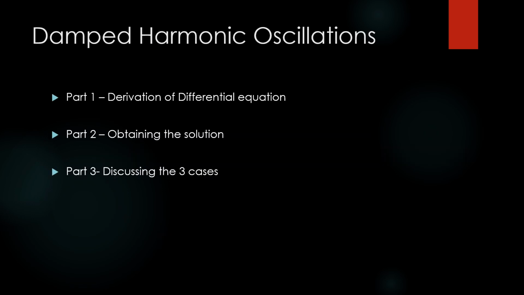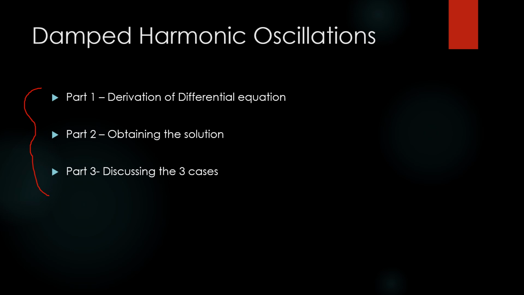So we have completed the essay on damped harmonic oscillations. Now this essay is divided into three parts. In the first part, we derive the differential equation, and in the second part we obtain the solution. In part 3 we discuss the three cases. This is actually the lengthiest essay in your syllabus. So please note that for exam, they won't ask you to write all the three parts.